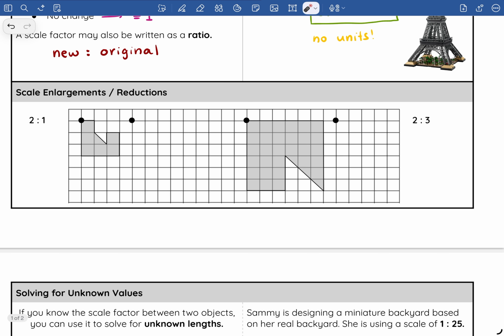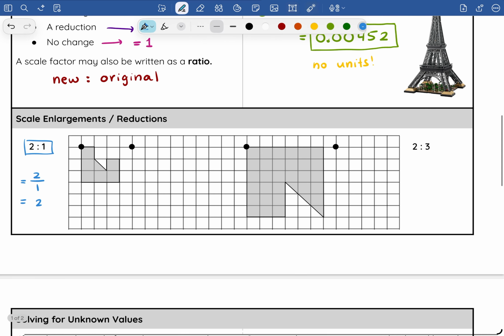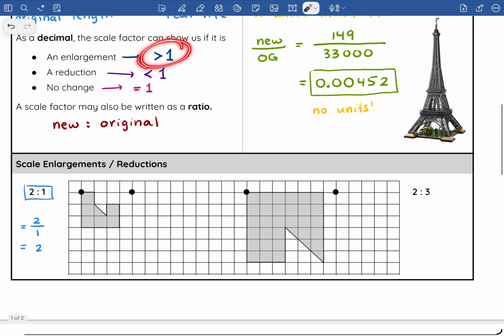Next up, we've got these box drawings. And so it's good to look at our ratio that we have and consider it as a fraction. I like to do that to say, okay, instead of 2 to 1, we can switch this over to say 2 over 1. The reason why this is helpful is what is 2 divided by 1? 2. And since, again, that is larger than 1, that means that we're looking at an enlargement for this one.